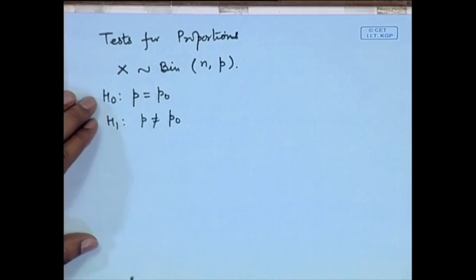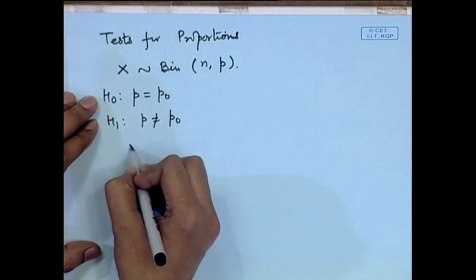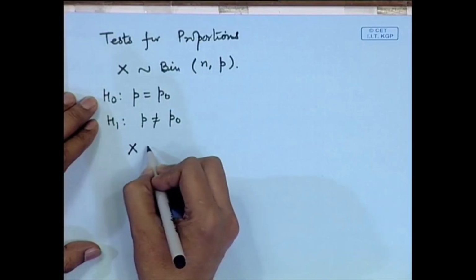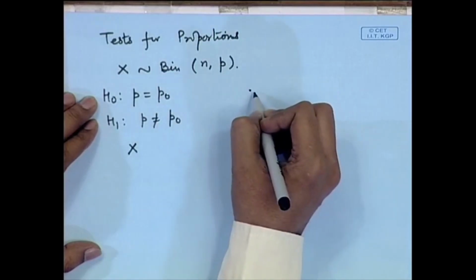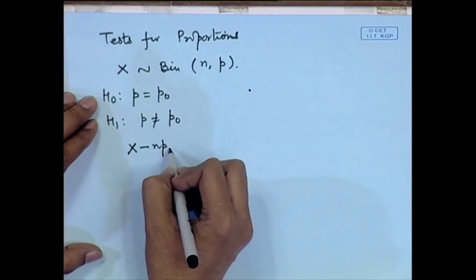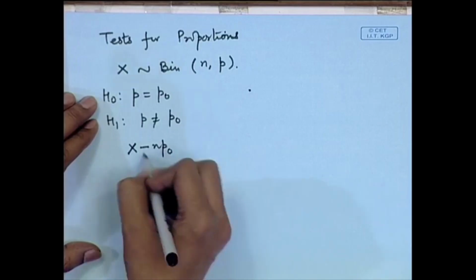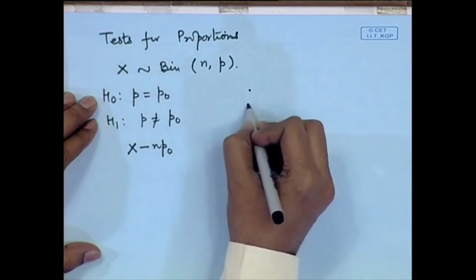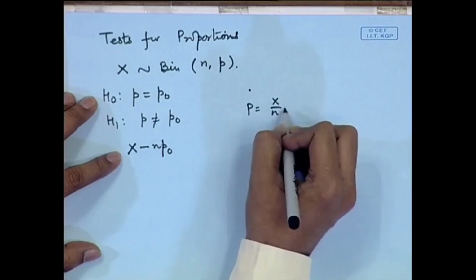Now, here we have seen we may consider the test statistic based on X, because the distribution of X is binomial. So, if we consider X minus n p0, so we may divide it by this. So, p hat is equal to X by n.